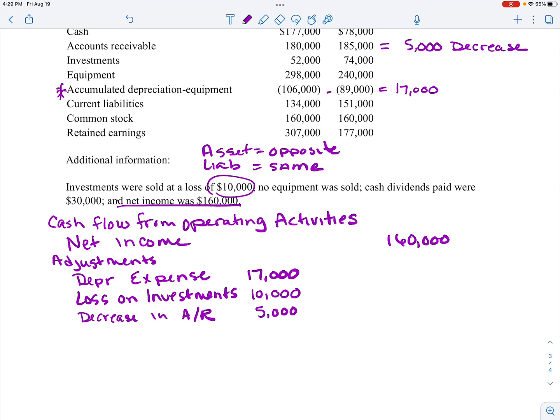All right, then we're going to look at the liabilities, the current liabilities here. We're looking at the difference in that, and the difference is a $17,000 decrease. So again, we'll list out that decrease in current liabilities. But because it's a decrease and it's a liability, we're going to subtract that amount.